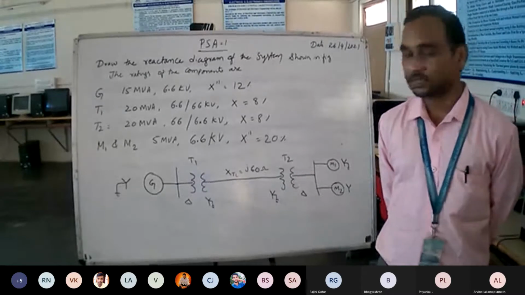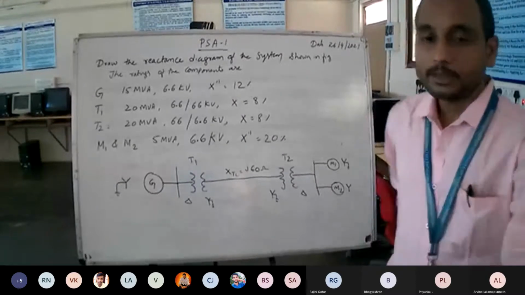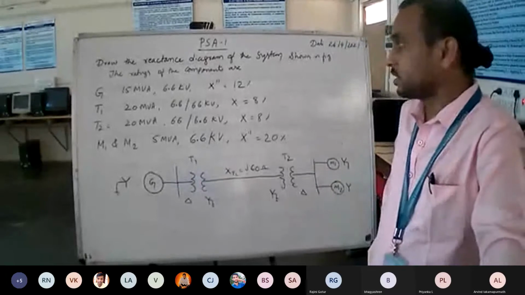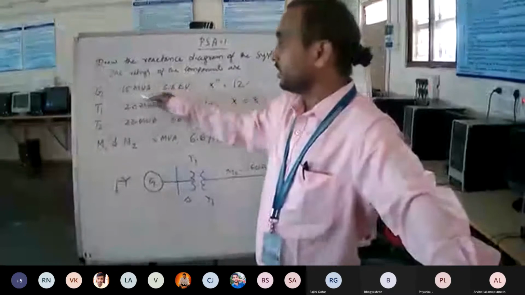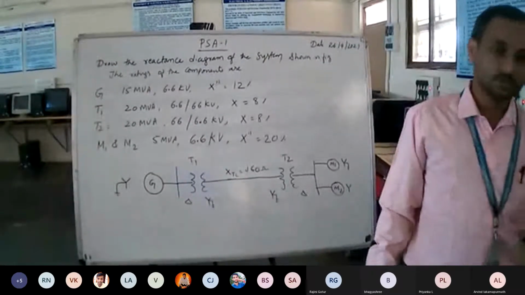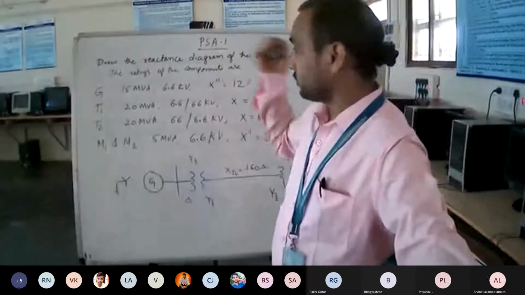How to calculate this one? First we need to find out what the base values are. Consider the generator value as the base value, 15 MVA base power. Similarly, voltage is 6.6 kV.